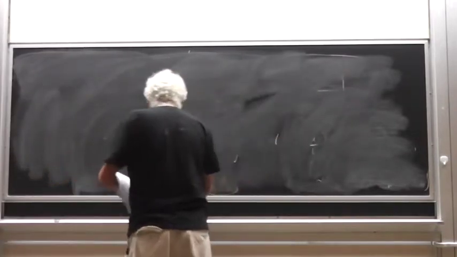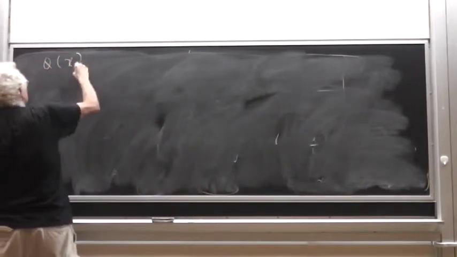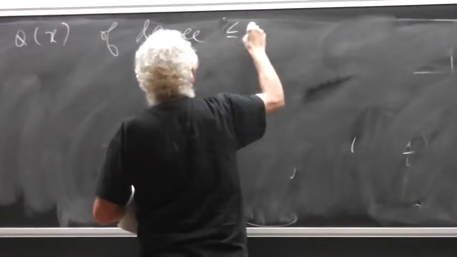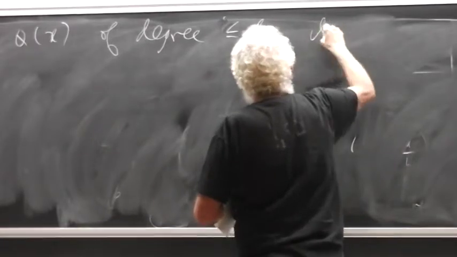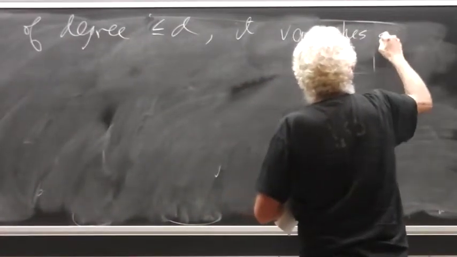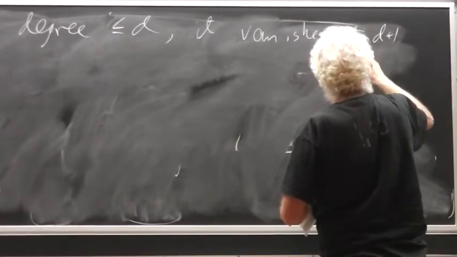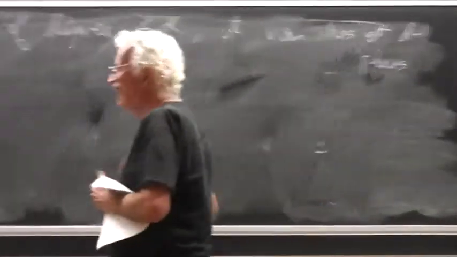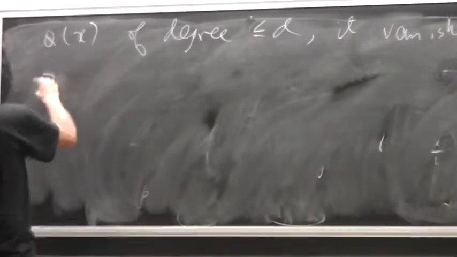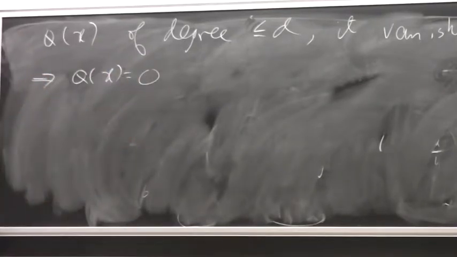So suppose you have a polynomial, let's call it q of x, of degree less than or equal to d, and it vanishes at d plus 1 places, then it must vanish everywhere. The beautiful trivial theorem.